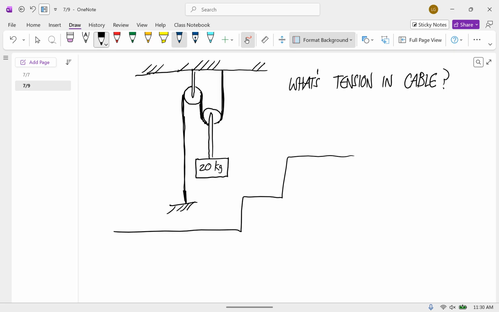Can you picture what I mean there? Then the tension in that cable would be exactly what you expect, the weight of this. So 20 times 9.81, 196.2 newtons. Okay, but we're going to see that in this configuration, the tension in the cable is much less than that. Okay, so how are we going to do that?